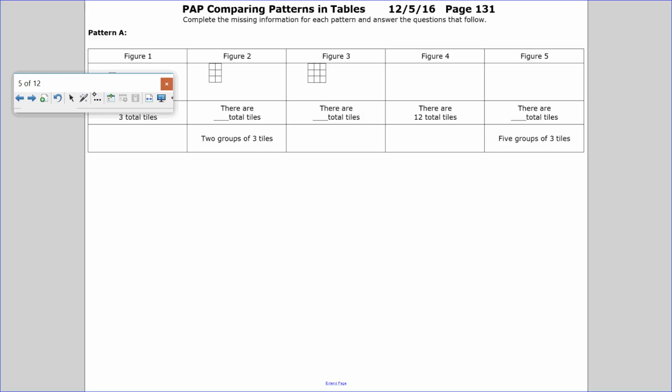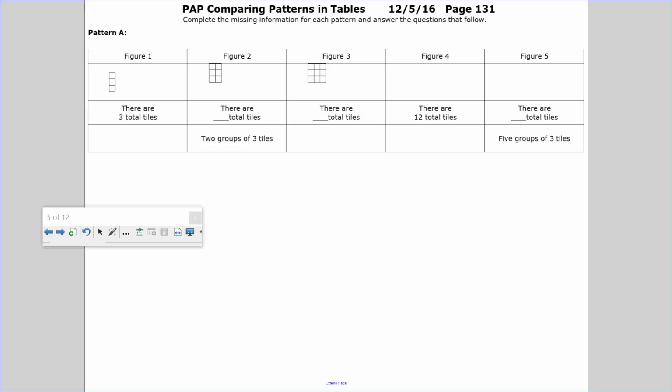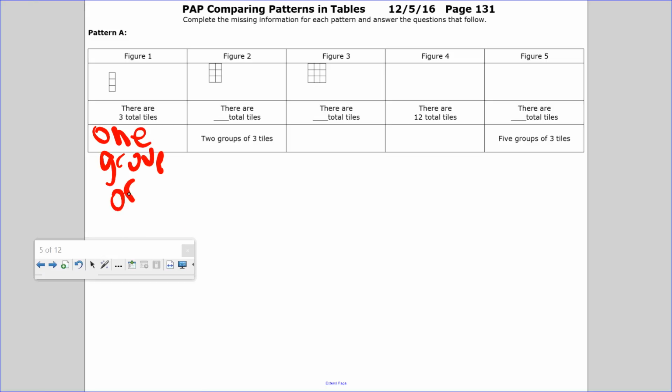So in today's activity, we are looking at algebra relationships. In figure 1, there are 3 total tiles. So there is 1 group of 3 tiles. That's my verbal description.